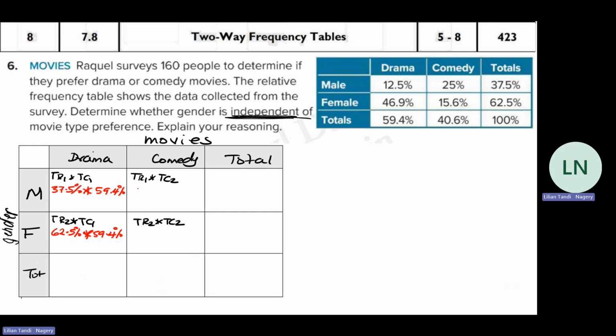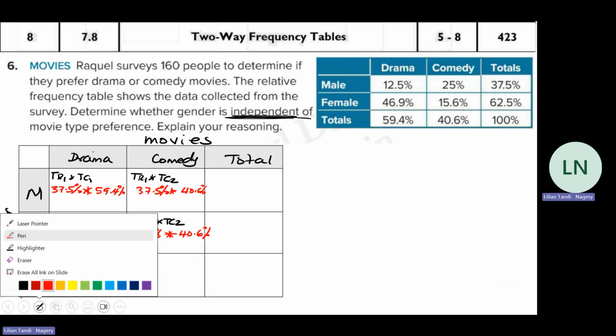Total of row 1, 37.5%. You're going to multiply with total of column 2, 40.6%. Total of row 2, 62.5%. Total of column 2 is 40.6%.